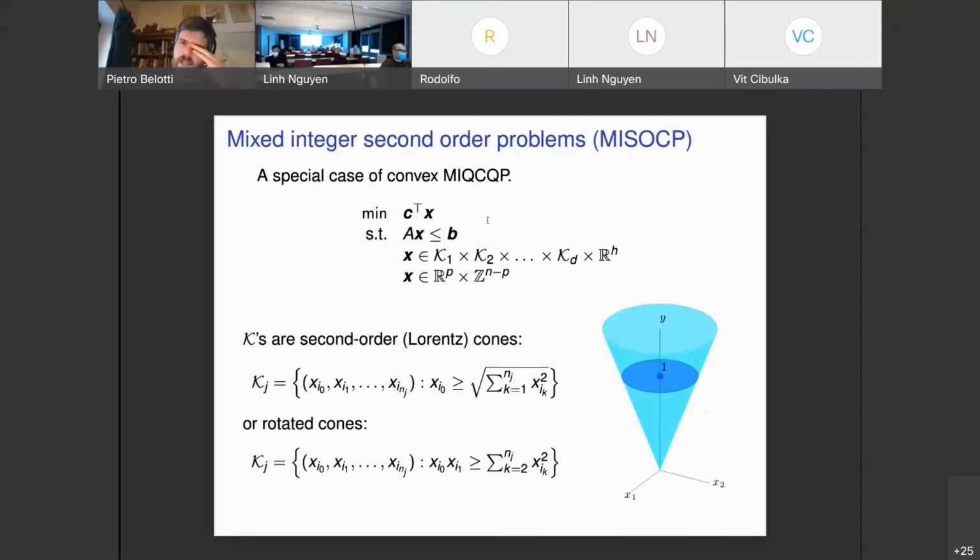So if you have an MISOCP, a mixed integer second order conic programming problem to begin with, where you have a linear objective function, a bunch of linear constraints, and then X is supposed to be a member of a Cartesian product of second order cones, so there's Lorentz cones.